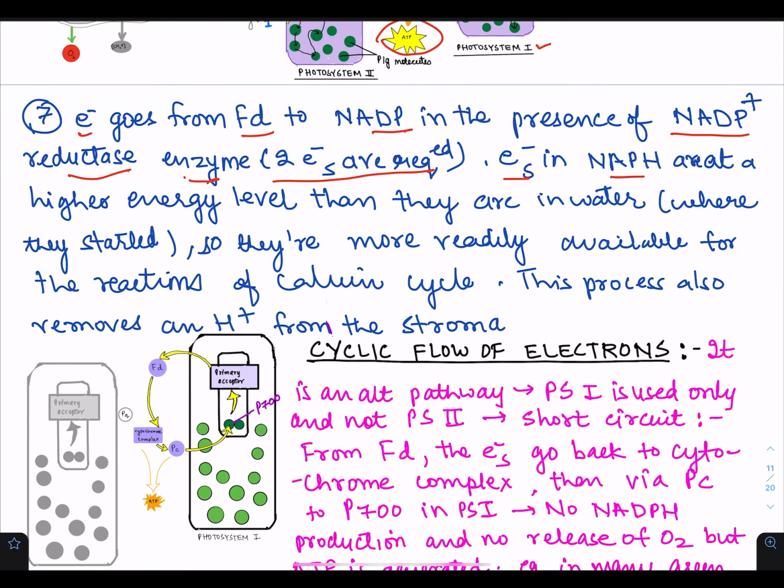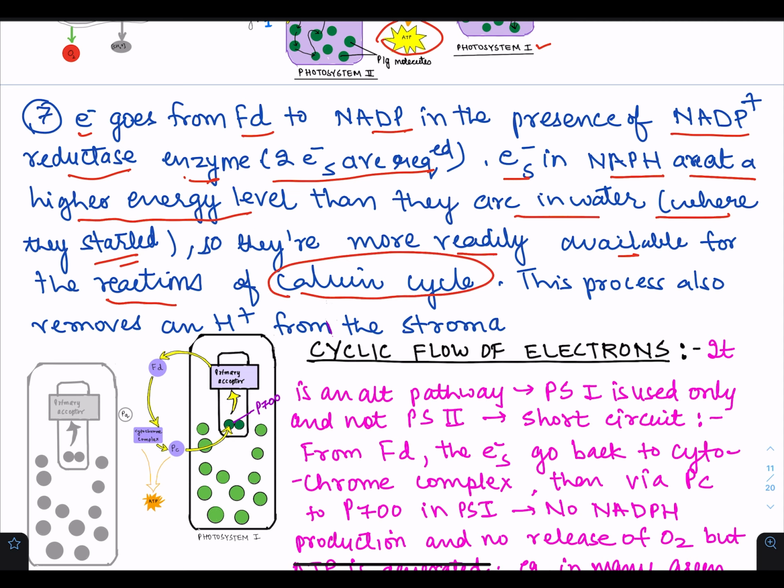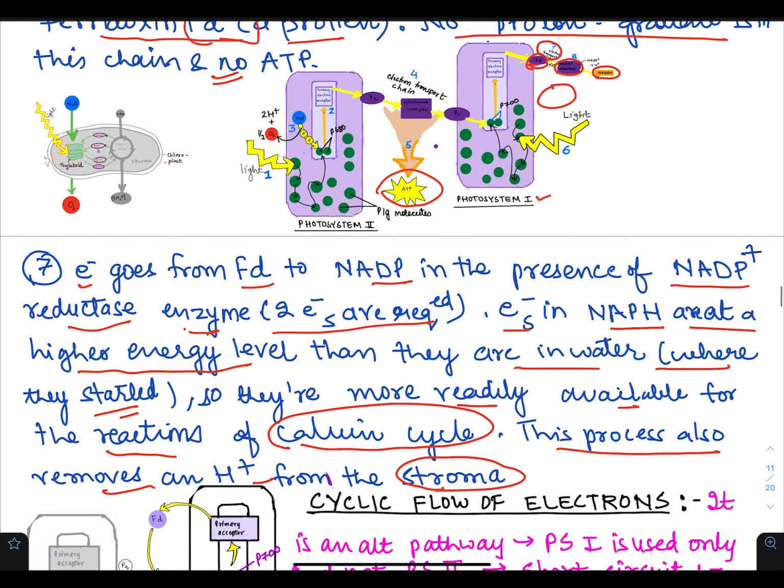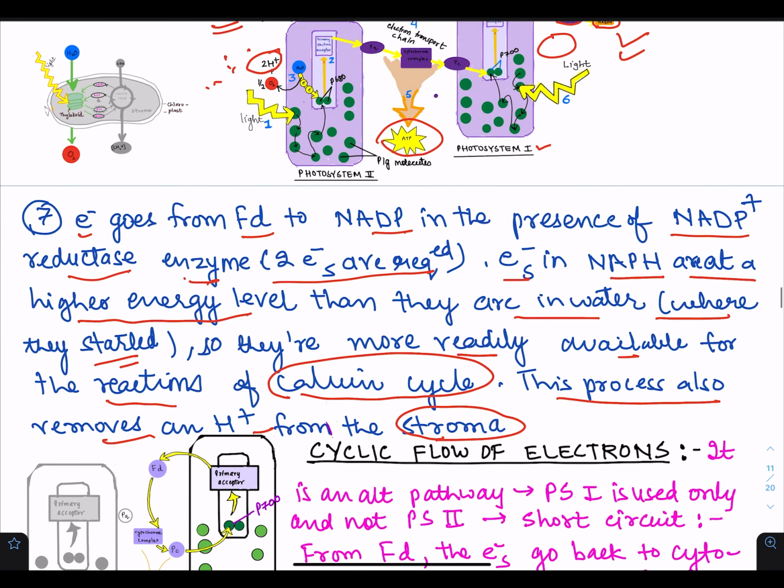Electrons in NADPH are at a higher energy level than they are in water, where they started. So they are more readily available for the reactions of the Calvin cycle. This process also removes a hydrogen ion from the stroma. Remember, hydrogen ions were released here in the stroma, so this reaction will take up a hydrogen ion.